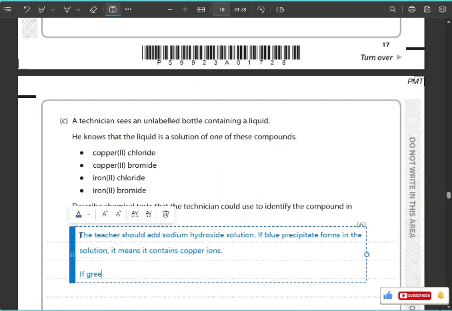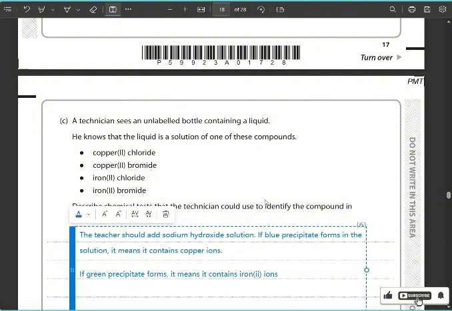If a green precipitate forms, it means it contains iron 2 ions.